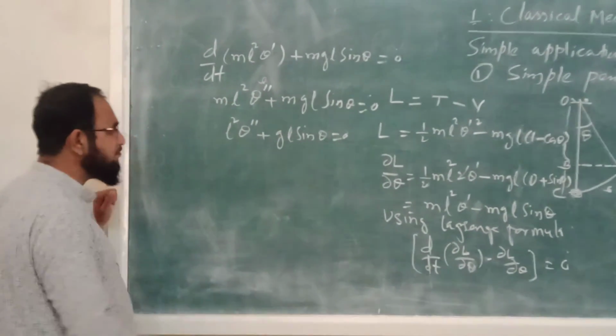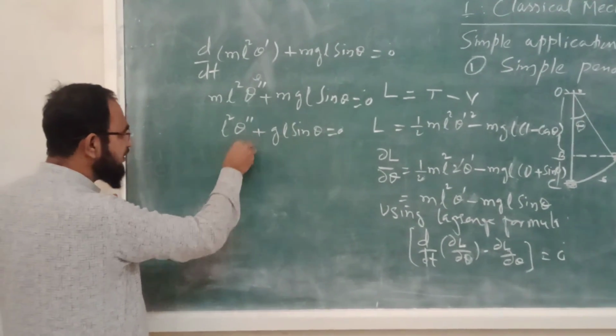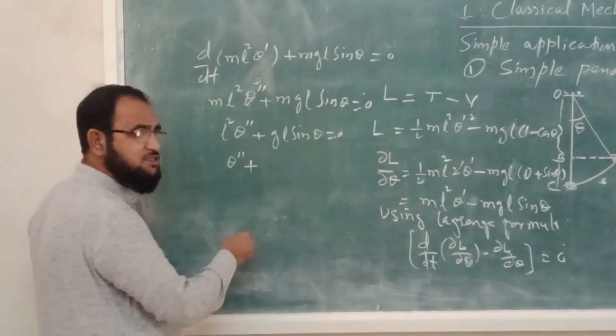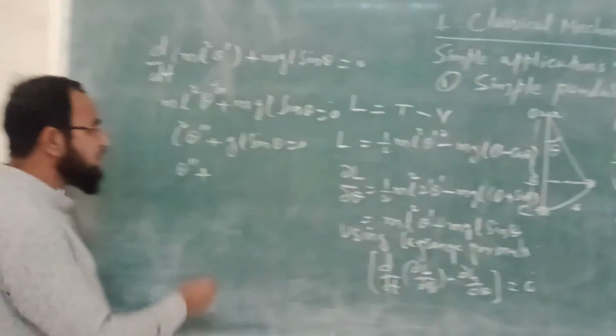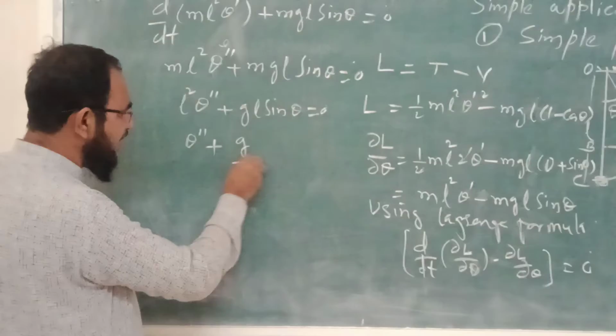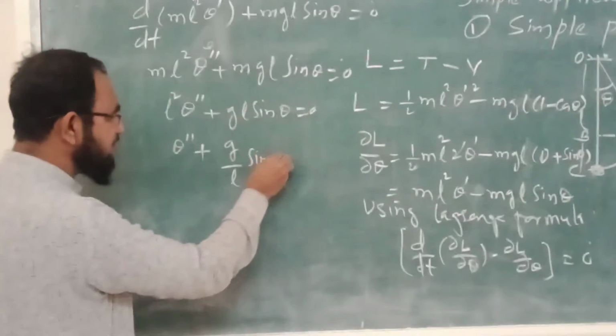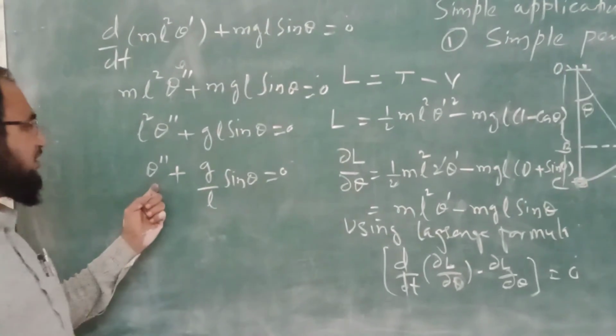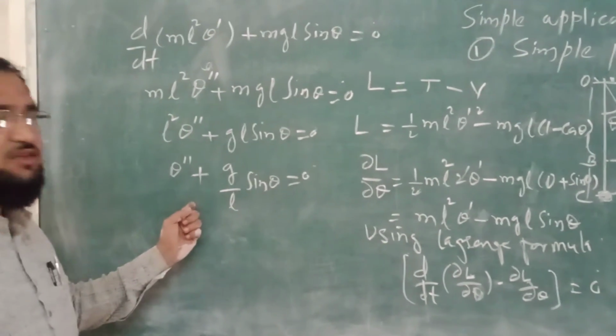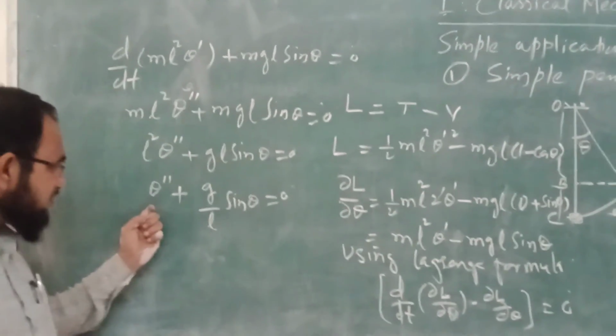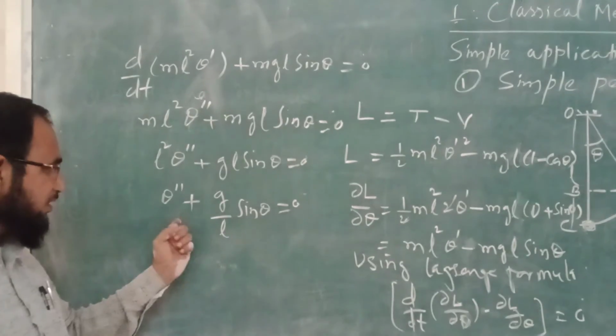If I divide by L, theta double dash plus g by L sine of theta should be equal to 0. This is the Lagrange equation for our simple pendulum.